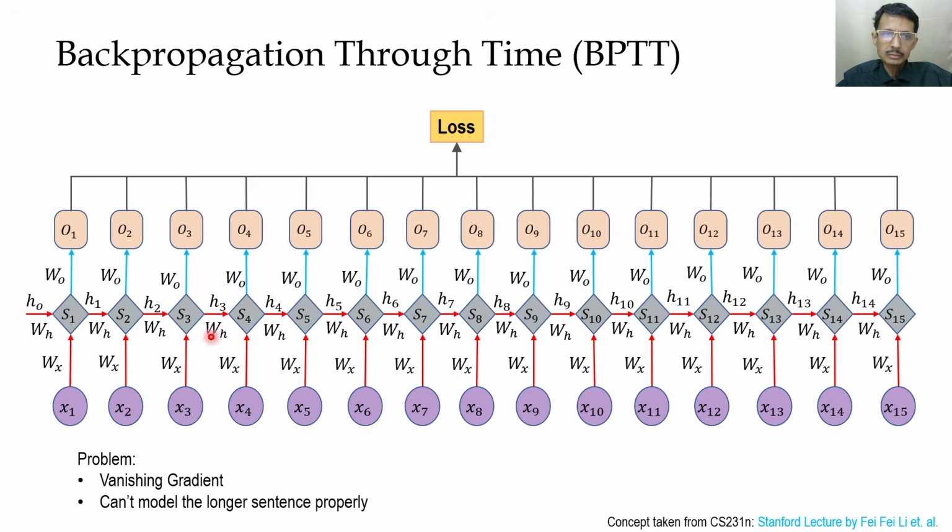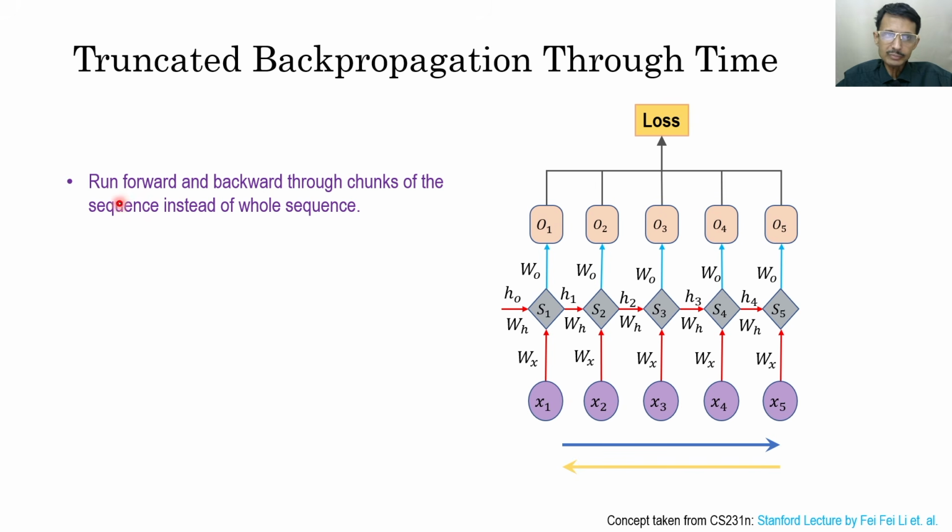One very simplistic solution when we are training is to train chunk by chunk. Let's say steps 1 to 5: we run forward and backward through chunks of the sequence instead of the whole sequence.